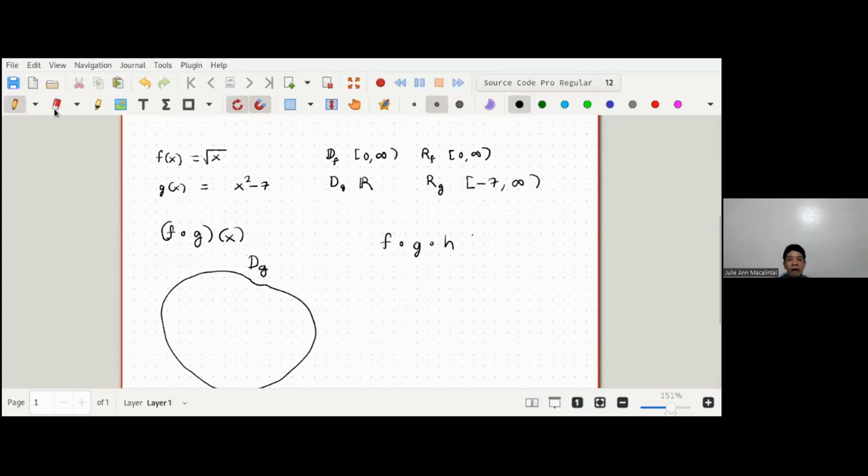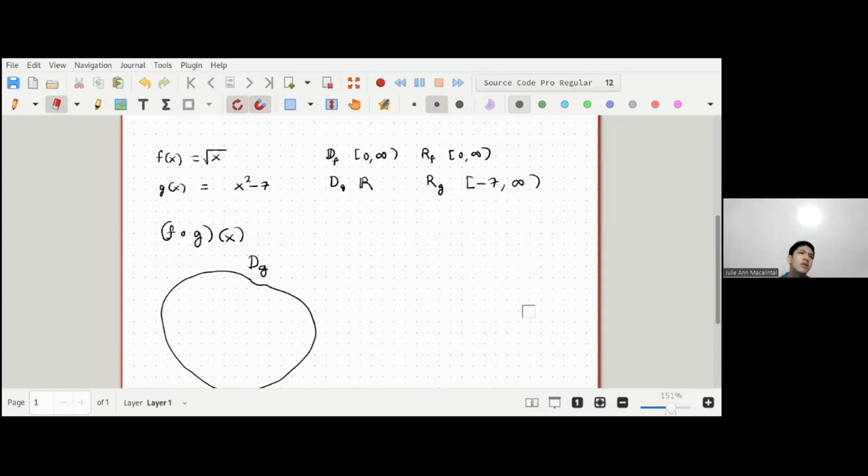Pero yung isang property kasi ng composition, it's also going to be associative, if I remember right. Kaya ang nangyayari, people just write down f circle g circle h. It makes sense din po kung associative siya.